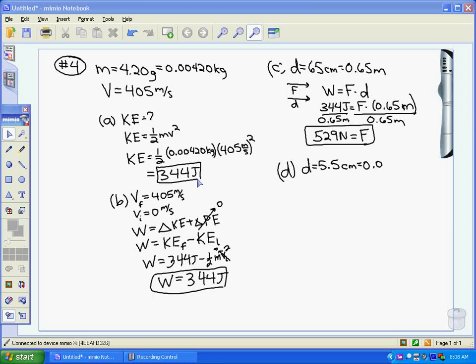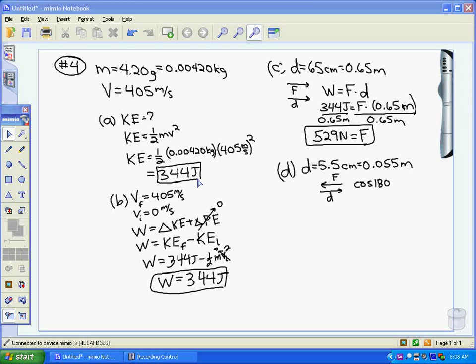Now notice in this case, the force is in the opposite direction as that of the bullet. So our angle here is going to be cosine of 180 degrees. So that's the difference between the two, which is going to be -1.